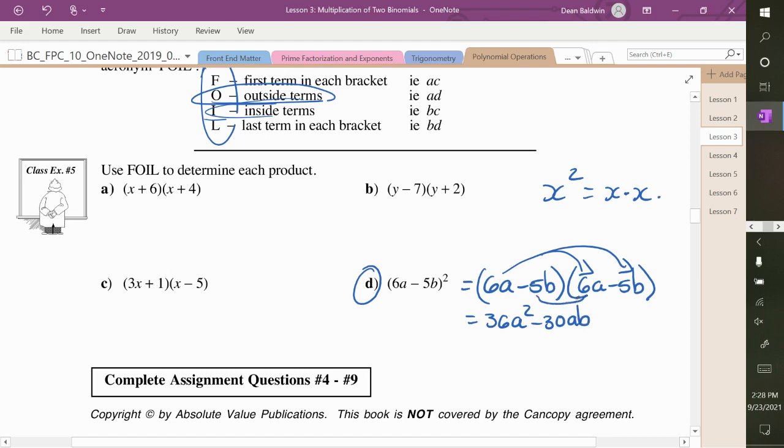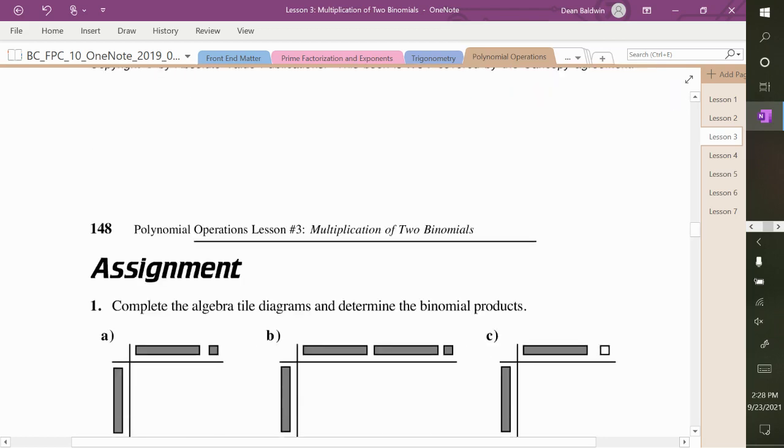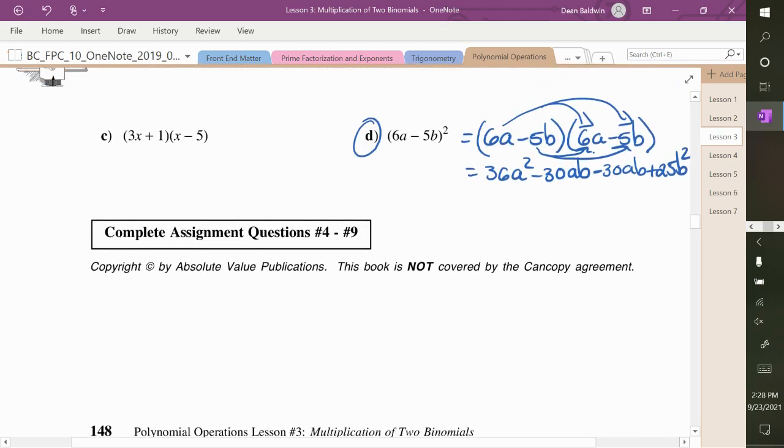And then negative 5b times 6a is? Negative 30ab. It's the same thing. Negative 5 and 6 is 30. Negative. What's negative 5b times negative 5b? The last two. Positive 25b squared. Negative times a negative is a positive.